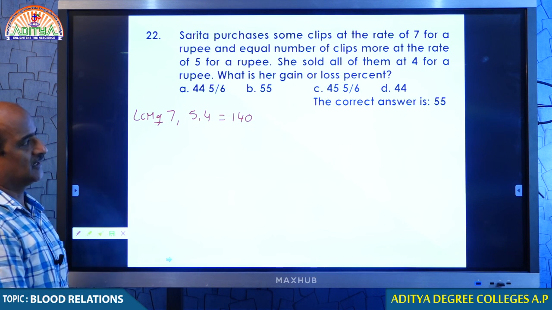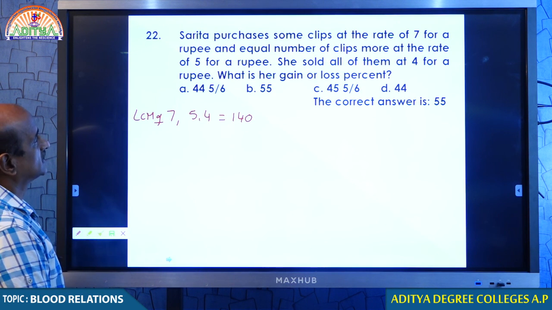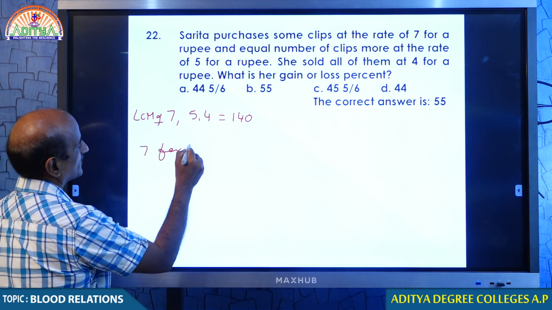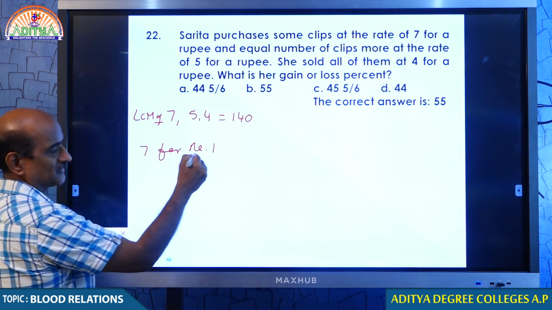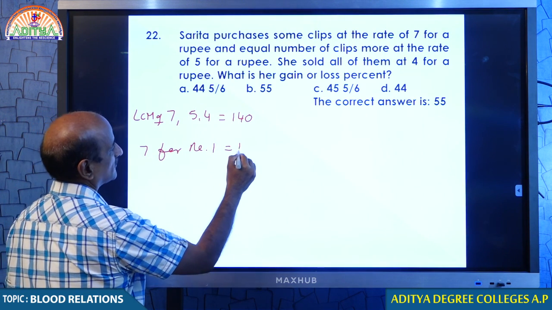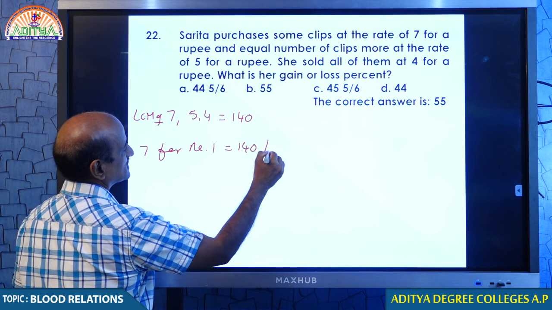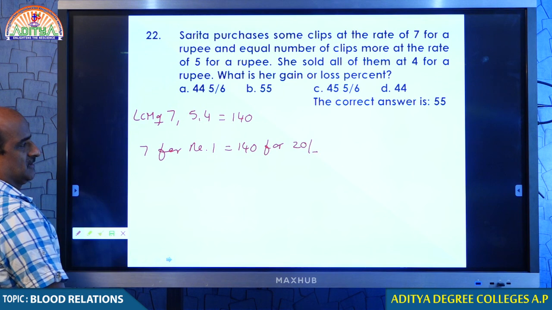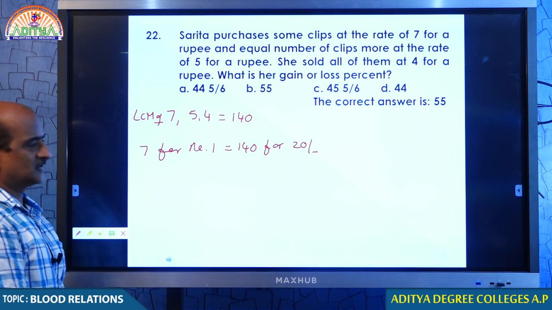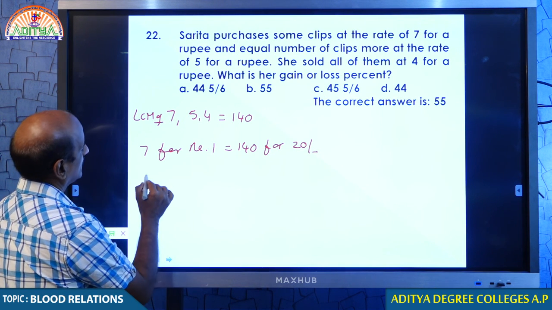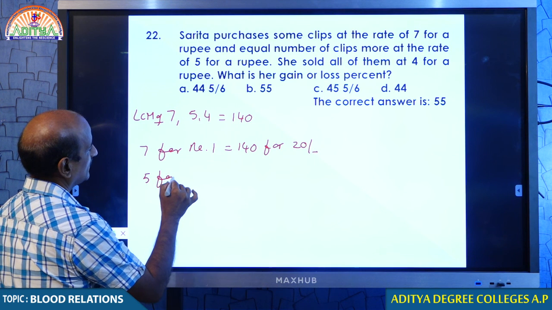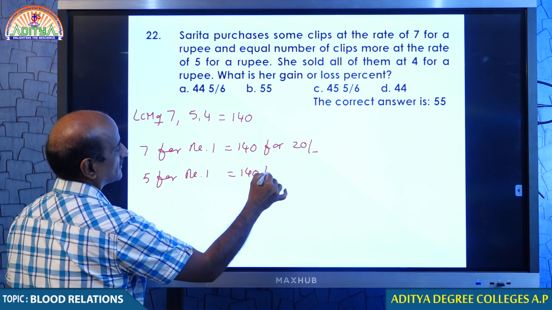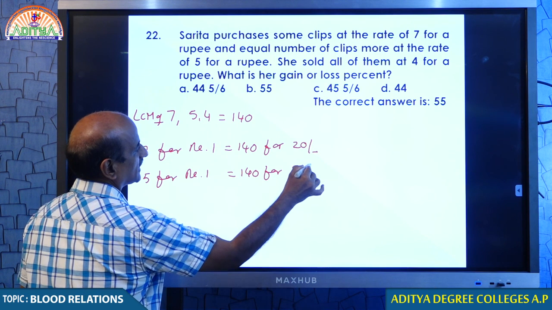Because you have to get the answer in percentage, so that is not an issue. Tell me, 7 for a rupee, you are purchasing 7 for a rupee. That means 140 you will be purchasing for 20 rupees. Then again 5 for a rupee, to purchase 140 you require 28 rupees.